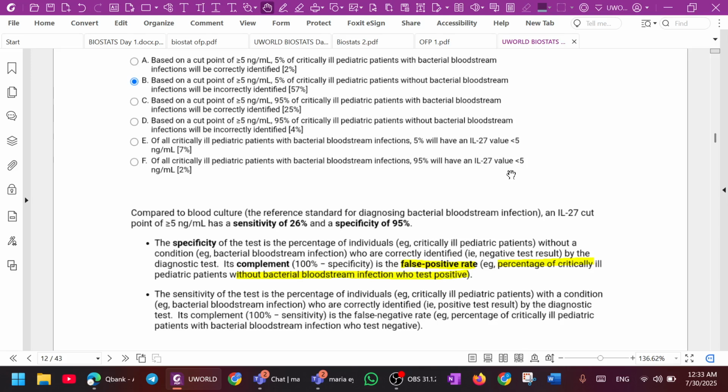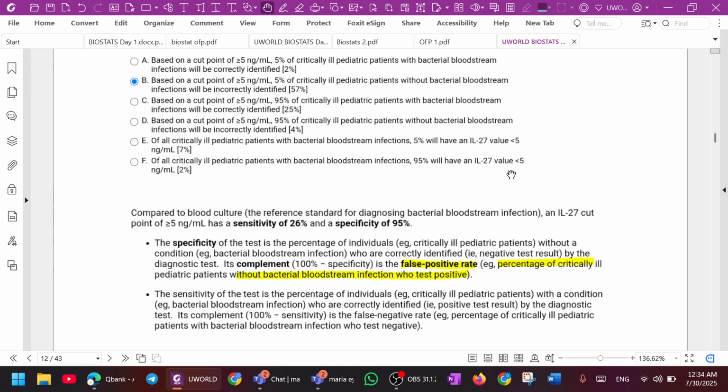So the question is asking you to choose which of these statements is true. So this one is false because they're already telling you sensitivity is 26. Next: based on the cutoff point, 95% of critically ill pediatric patients without the bacterial infection, so people that do not have the disease, will be incorrectly identified. Is it true positive, true negative, false positive, false negative?